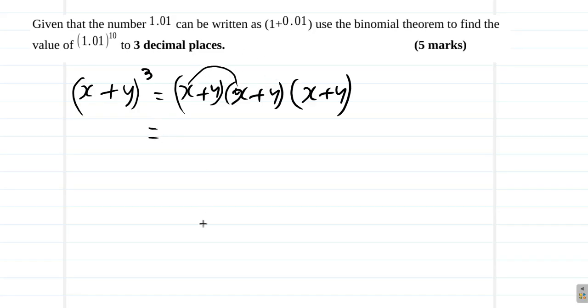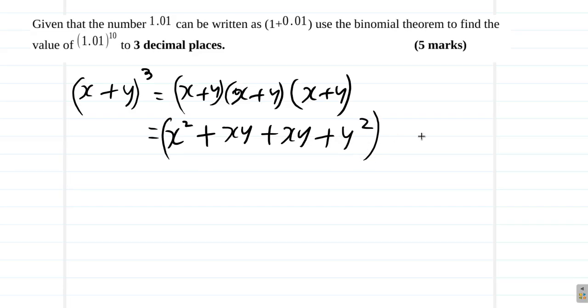This is x times x, which gives you x squared, plus x times y, which gives you xy, plus y times x, same thing as xy, plus y times y, which is y squared, and that is multiplied by x plus y.